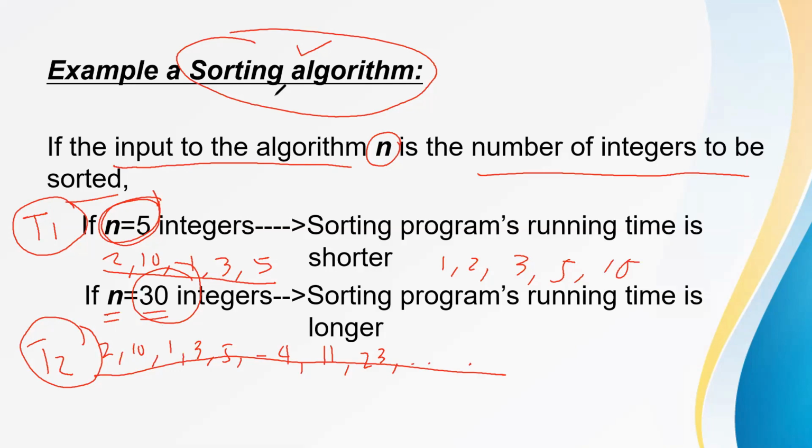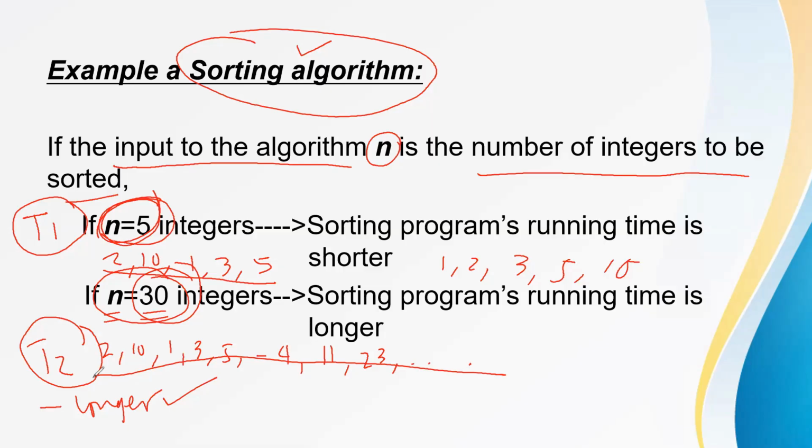That same program will have different running times. The running time of that program would be longer when it sorts 30 integers compared to when it sorts only 5 integers.